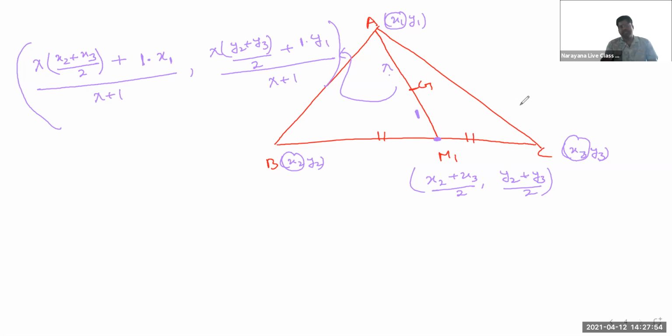So since G is symmetric to all these points, or you can say none of the vertices of the triangle is special for G, the formula for G must be a symmetric linear expression in x1, x2, x3, and y1, y2, y3. Okay.